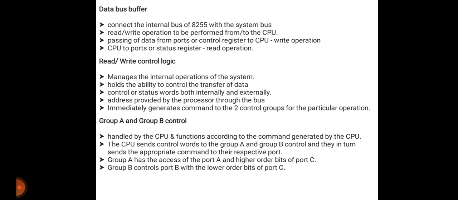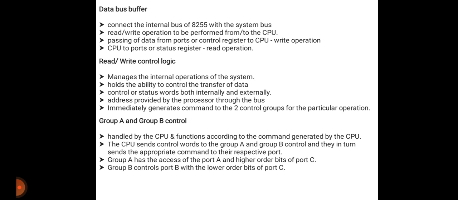So the buffer allows the passing of data from ports or control register to the CPU in case of a write operation, and from the CPU to ports or status register in case of a read operation.